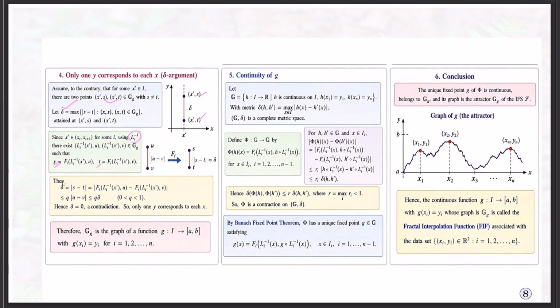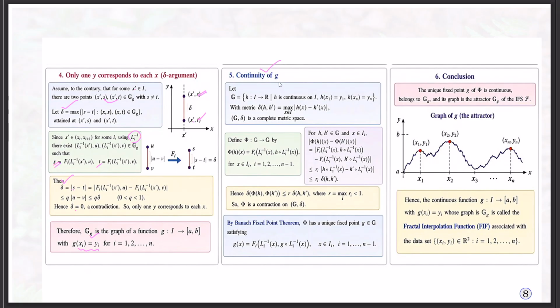Then by using the delta metric, we arrived that delta is 0, that is, the distance between s and t is 0. Therefore s and t are not two different points, they are equal, so x dash is mapped to only one point. Therefore G is the graph of a function g from I to a comma b which passes through the given set of data points satisfying this equation.